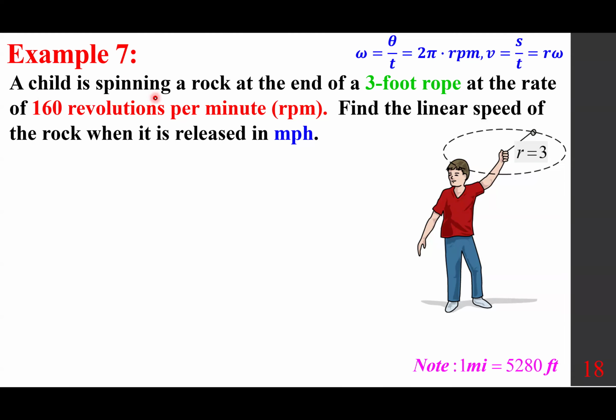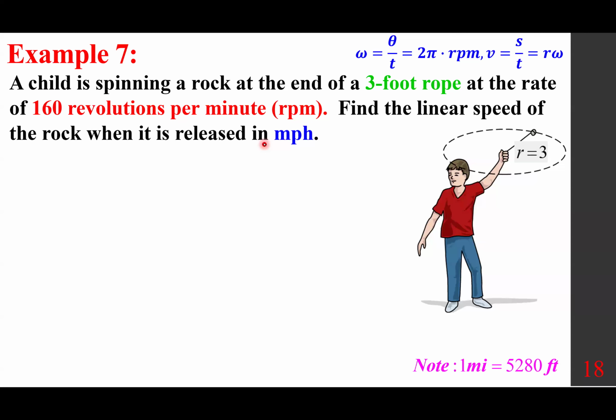A child is spinning a rock at the end of a 3-foot rope at the rate of 160 revolutions per minute, RPM. Find the linear speed of the rock when it is released in mph, miles per hour. Now, first, RPM, revolutions per minute.